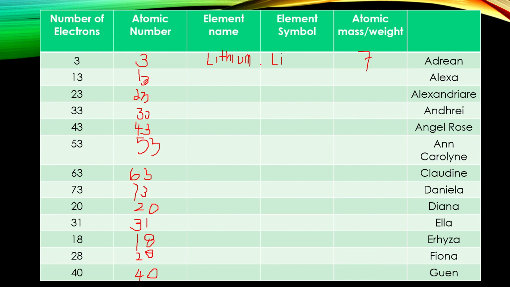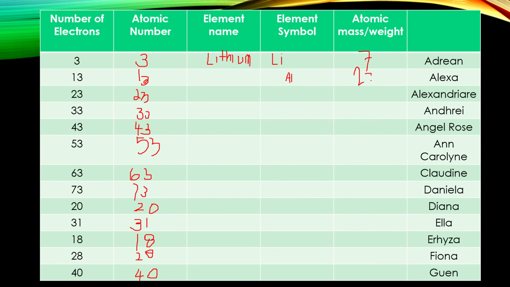Again, you need to round off the atomic mass or weight of an element. So let's proceed to atomic number 13. Atomic number 13 is aluminum. So the element symbol for aluminum is Al. The atomic mass for aluminum is 26.9. So you're going to round off that number.